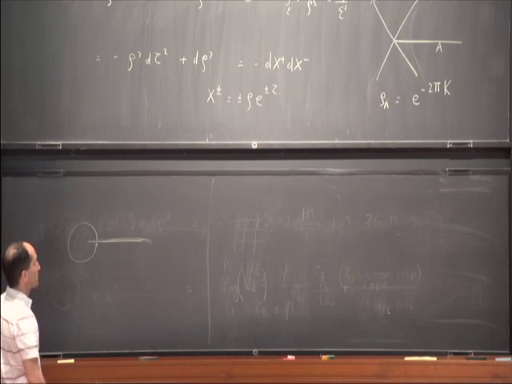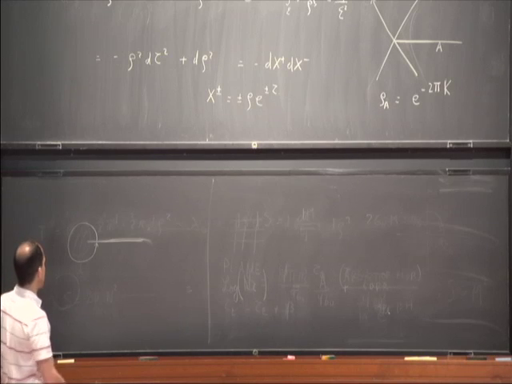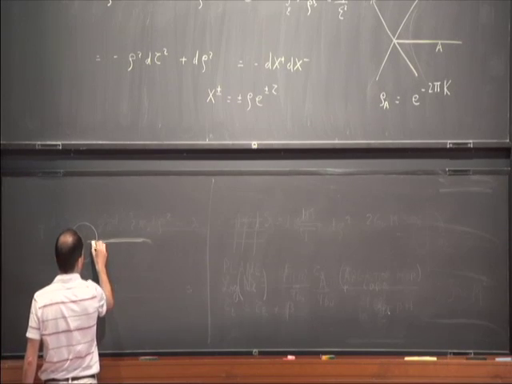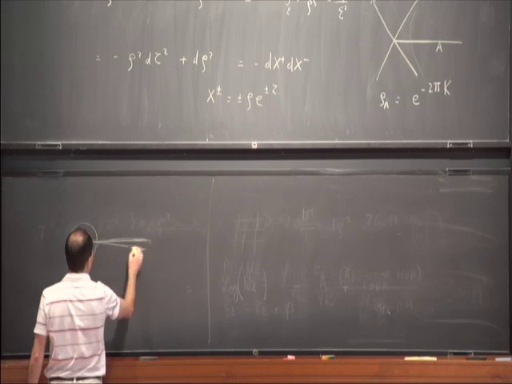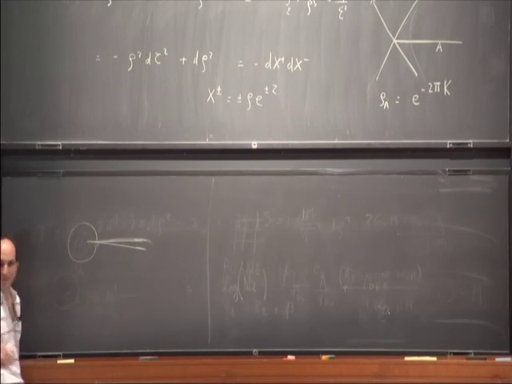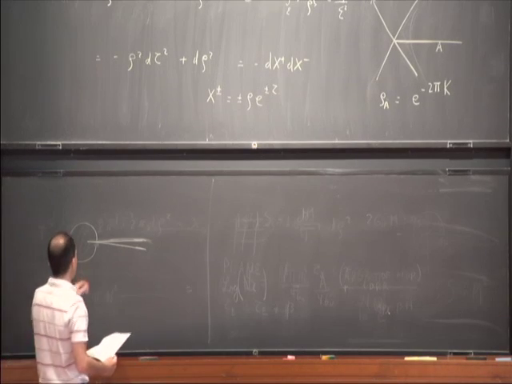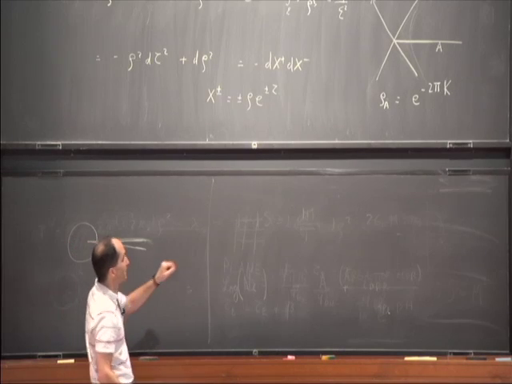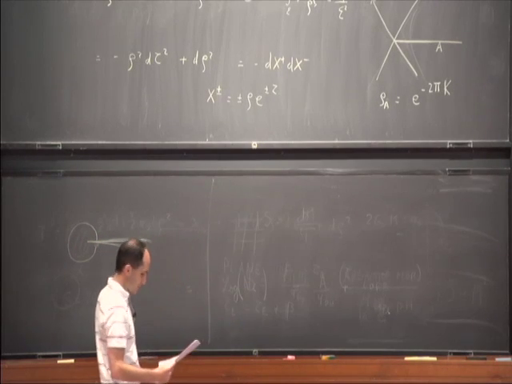If we wanted to compute the entropy, we would need to vary this temperature. So we would need to consider the quantum field theory on conical spaces, where the angle is not quite 2 pi, but a little smaller than 2 pi, and then take the derivative. So we are led to quantum field theory on a cone, and since there is a geometric singularity here, that's why we are getting these divergences.